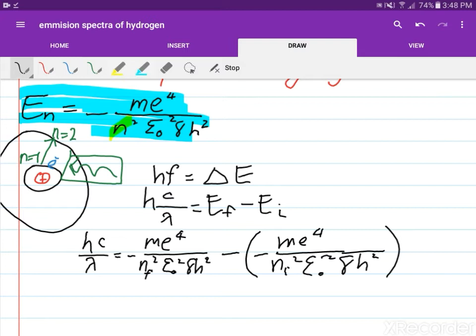So notice in our expression for energies, this term is constant, this is constant, and they are all the same. So it only varies by the quantum numbers nf and ni. Sorry, these are not quantum numbers yet. This is just an integer in Bohr's perspective. So we can remove these constants and just retain the integers nf and ni.